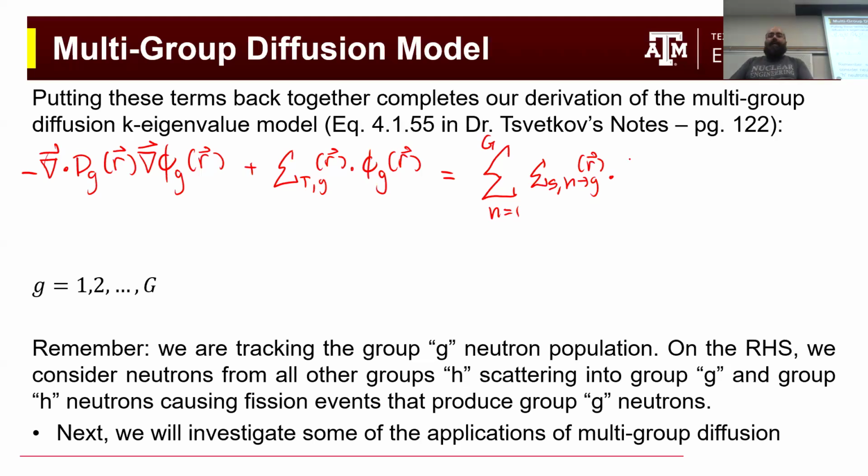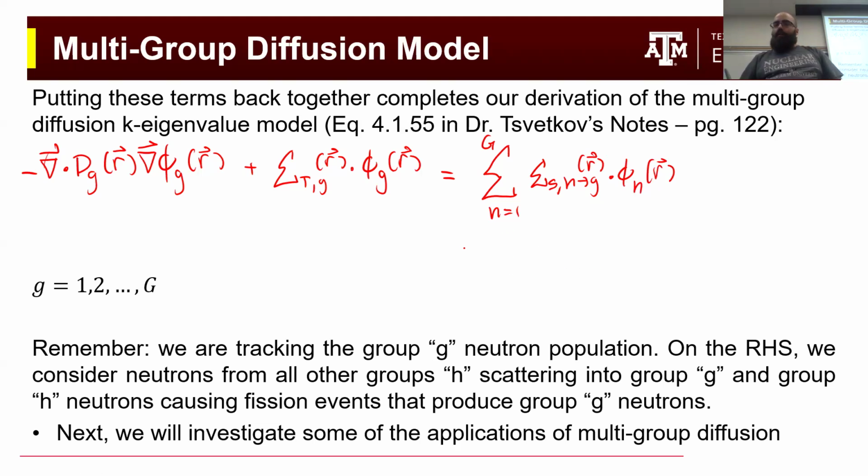And when we have scattering reactions, it's always the initial neutrons that are participating in the scattering. So the flux that's corresponding here is always going to be the group H flux, which depends on position, because I'm scattering from group H into group G. It's the group H neutrons that are participating in the scattering. So we use a group H flux for that product.